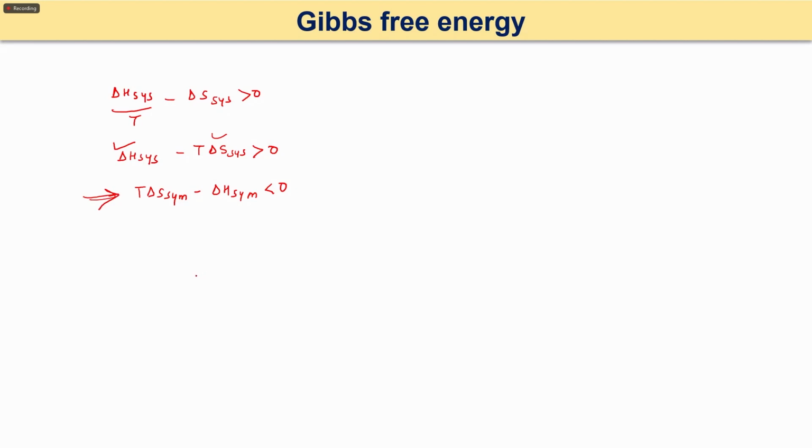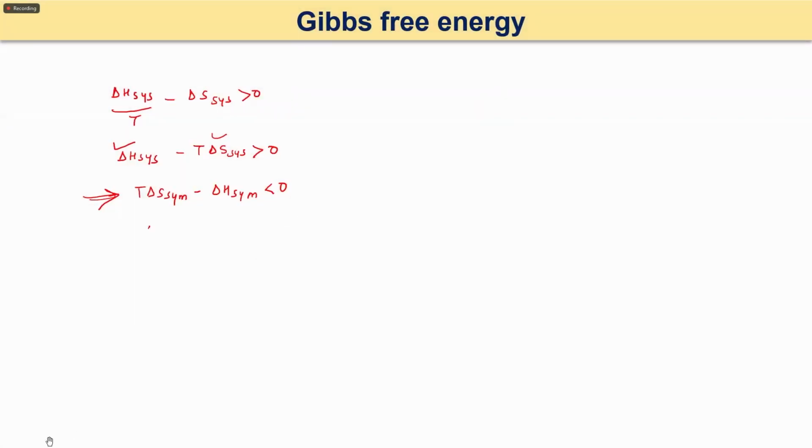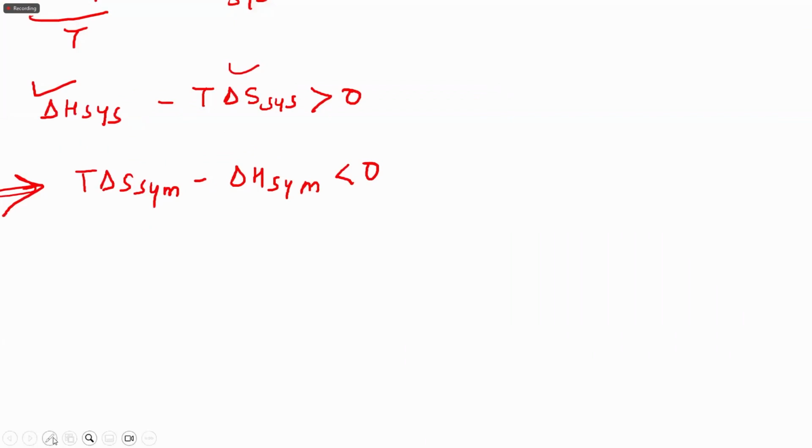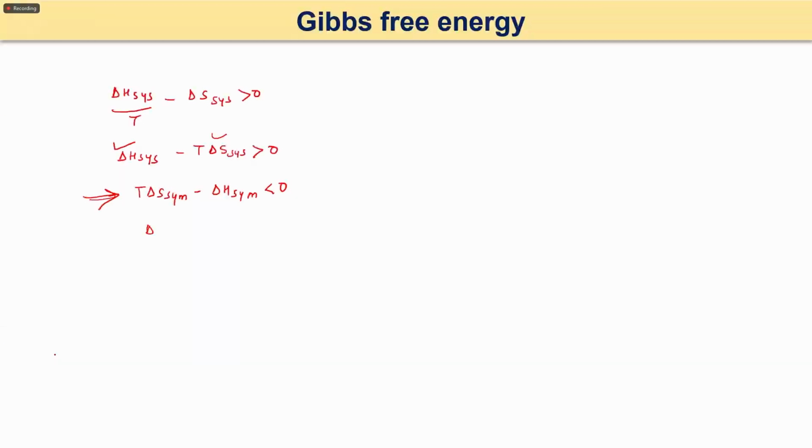Now, if we take the minus common, it will become minus of delta H system minus T delta S, and this will be greater than 0.